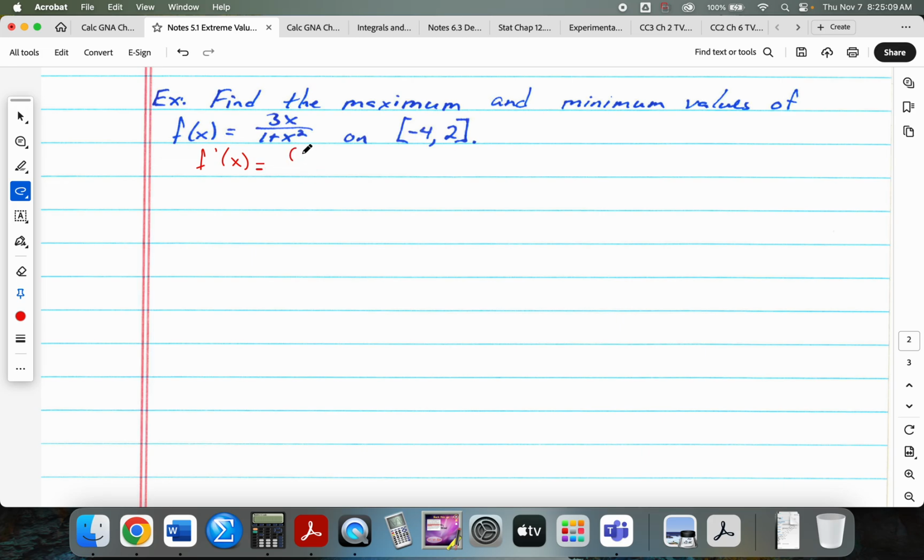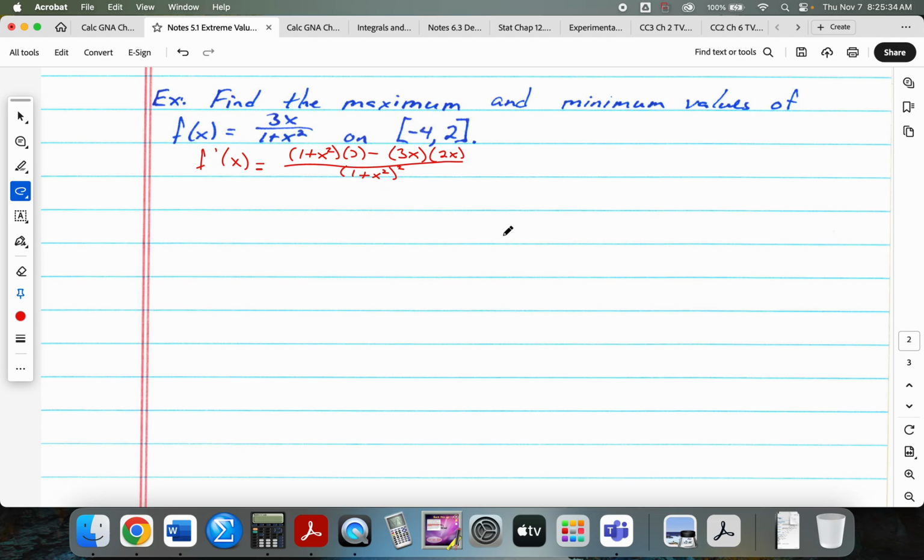Woohoo! So it's 1 plus x squared times 3 minus 3x times 2x, all over 1 plus x squared quantity squared.